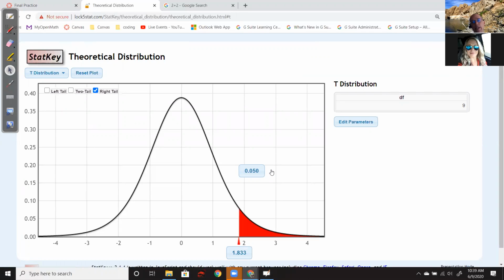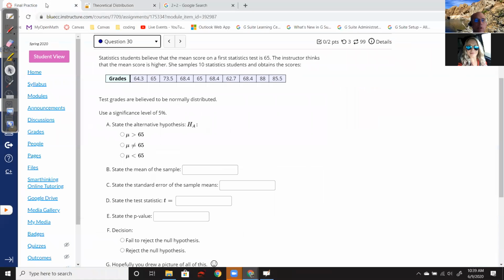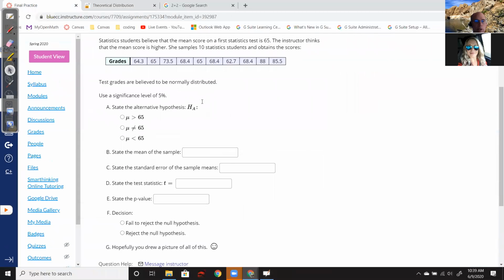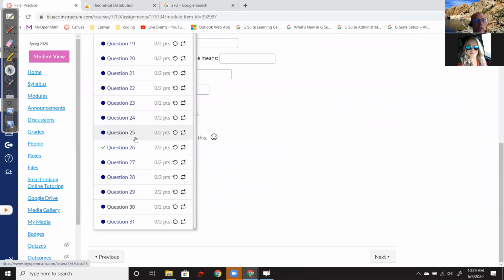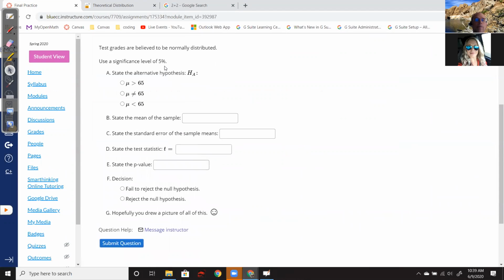So it says if your sample has a t-value greater than 1.8-ish, then you should reject the null. If your t-value from the data is less than 1.8-ish, you should fail to reject, is what that number tells me. So 1.833. And sometimes I give that to people on problems if they want it, but I didn't pre-calculate it for you on this one. But I think there were some other ones where I did pre-calculate it. Let's see.